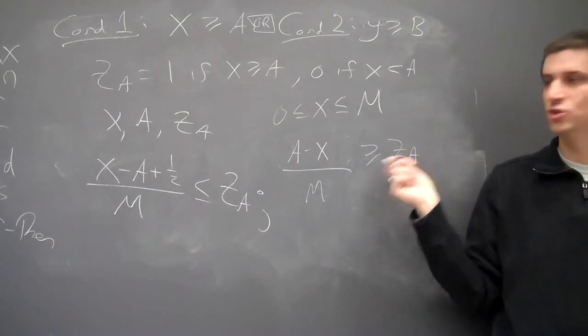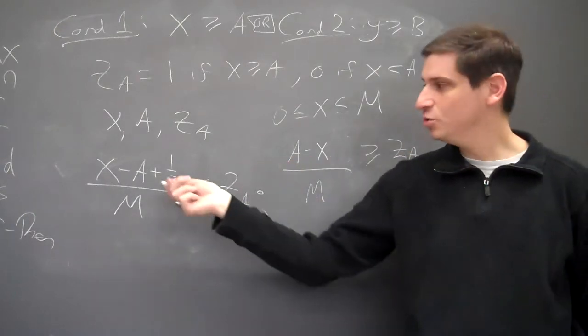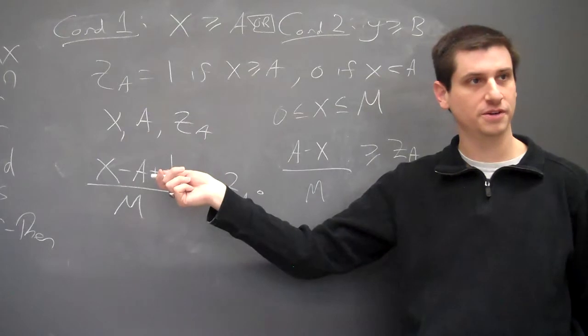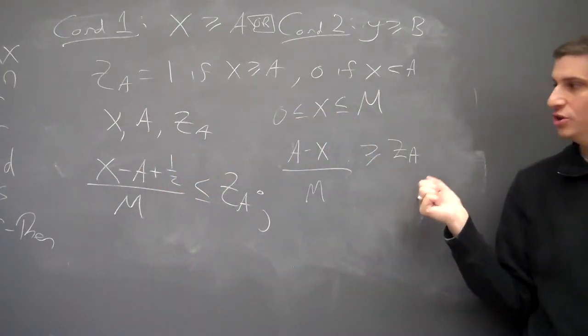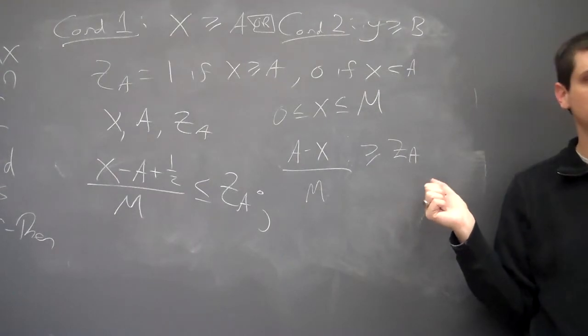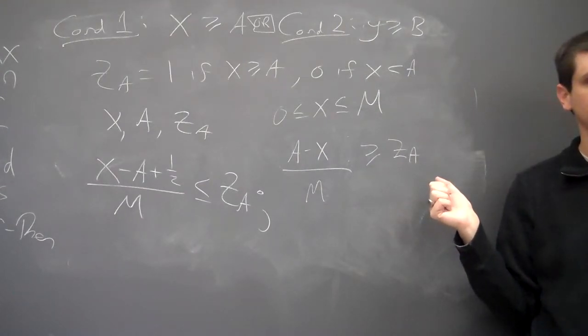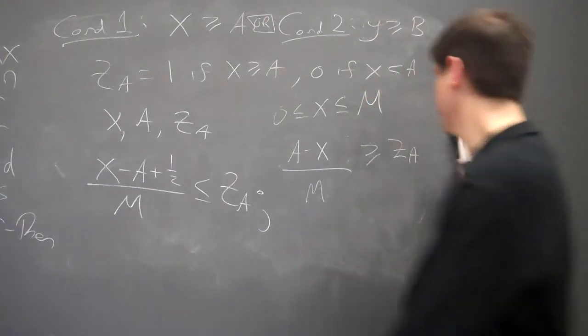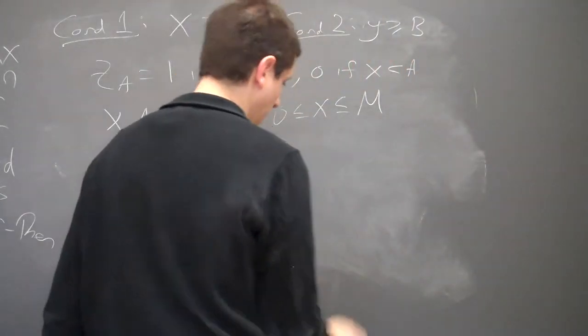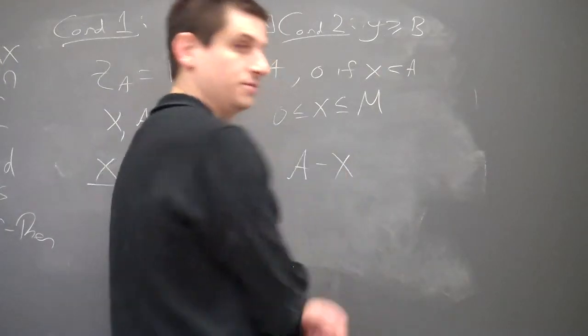Right? So we need something that works fine if x is less than a, and if x is greater than a, it provides no information. We need something that provides information only when x is less than a. So a minus x would be a positive number.